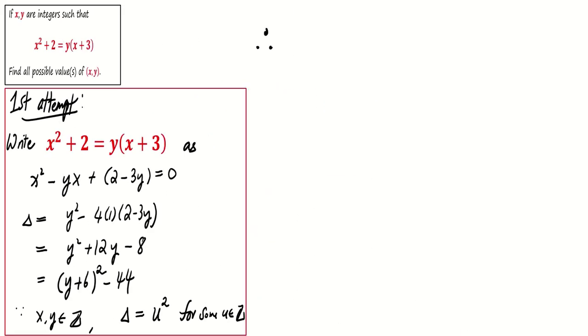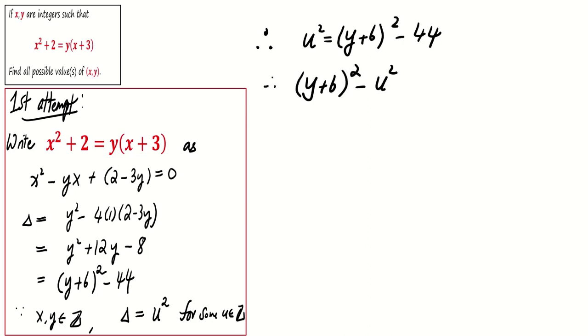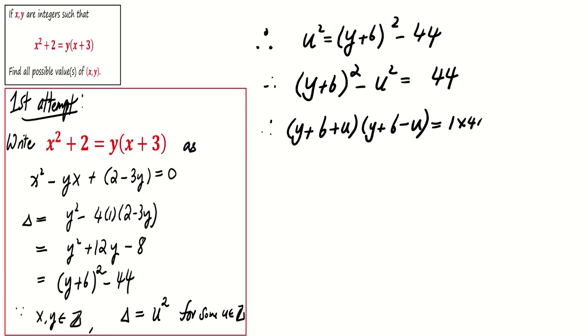Now, we have u squared equals y plus 6 squared minus 44. And the difference of these two squares is 44. Using the formula a squared minus b squared equals a plus b times a minus b, we can factorize these as y plus 6 plus u times y plus 6 minus u equals 1 times 44, or 2 times 22, or 4 times 11.